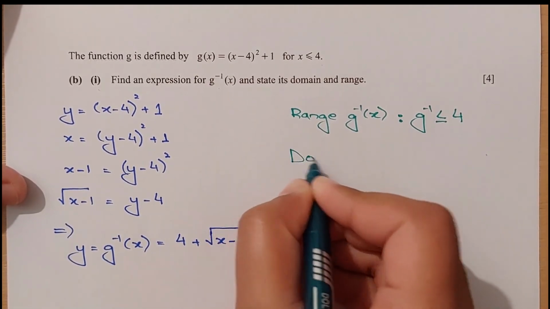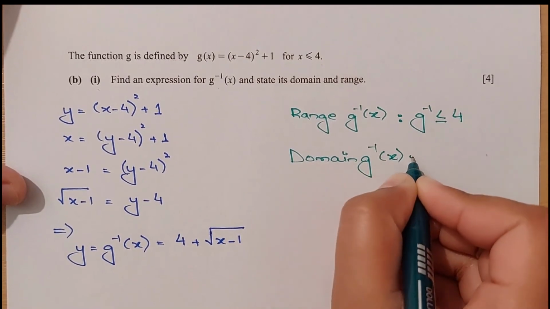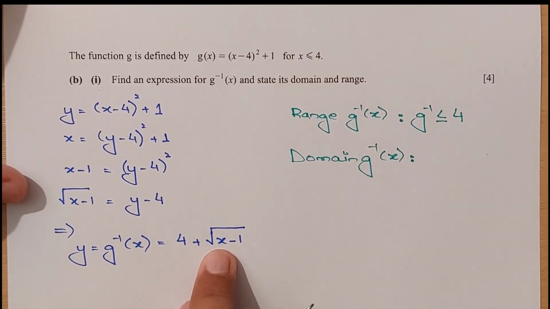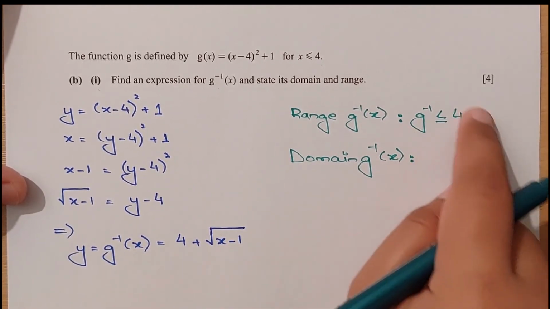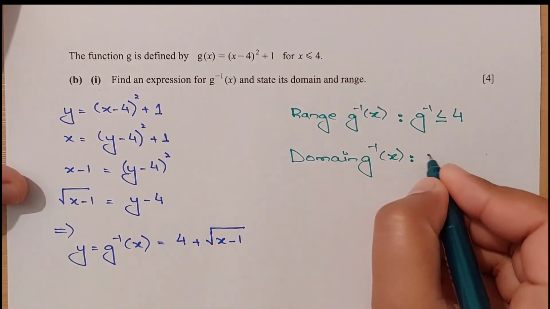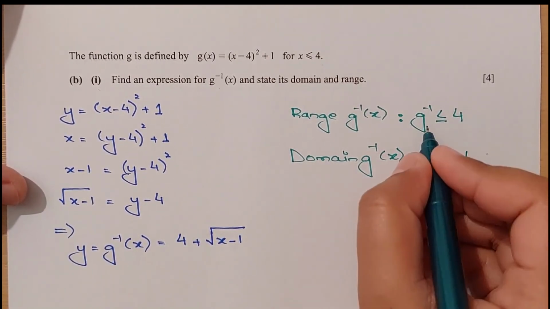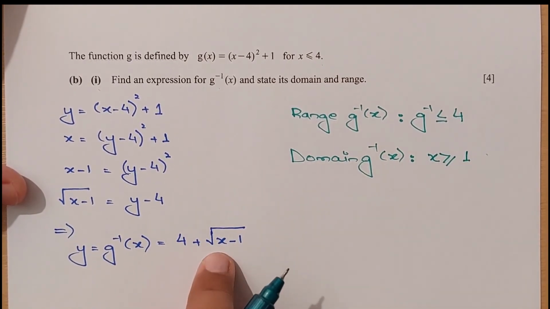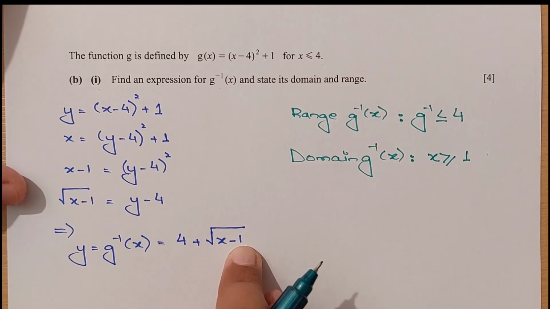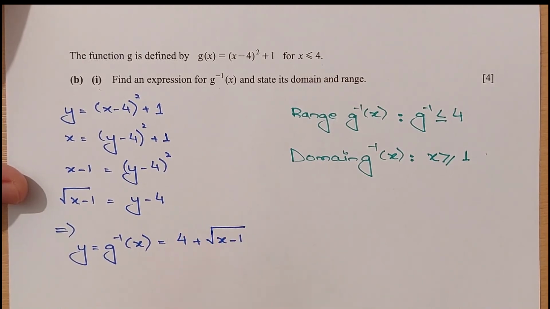Now the domain of g inverse of x: when the output is greater than or equal to 4, it means x is greater than or equal to 1. Input all the values of x that are greater than or equal to 1, because we cannot put values less than 1. We would get a negative sign inside the square root, which is undefined.